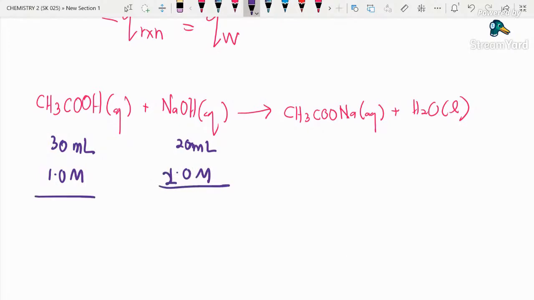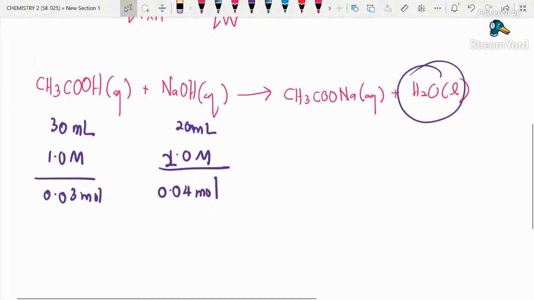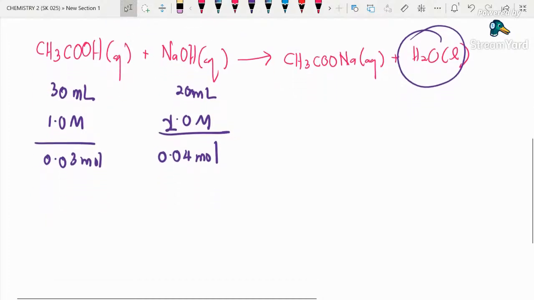Okay. Remember, kita kena tengok pada air, bukan pada mole acid or mole base. Now we have the information untuk dua-dua reaktan yang terlibat. So kita hanya boleh bandingkan mole. We cannot compare the others. So this is 0.03 mole. This is 0.04 mole. So because of that, kita boleh buat assumption or a statement.